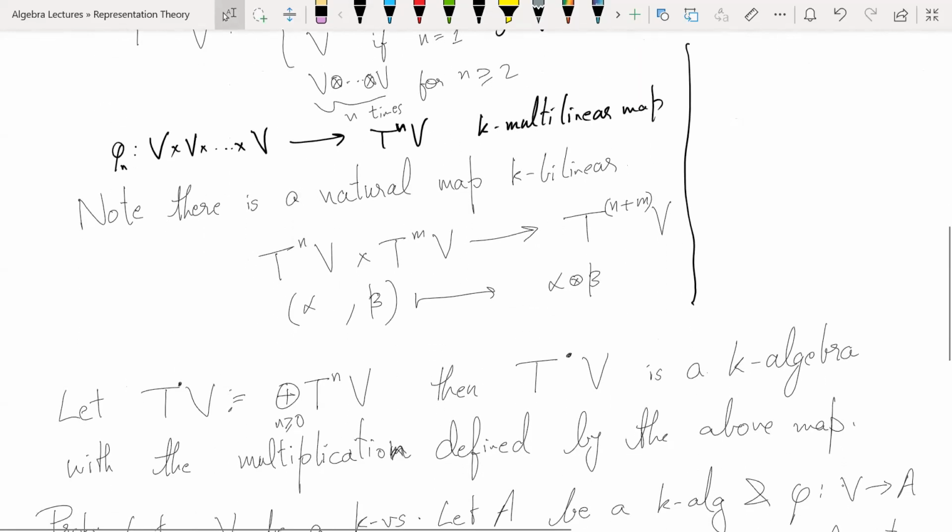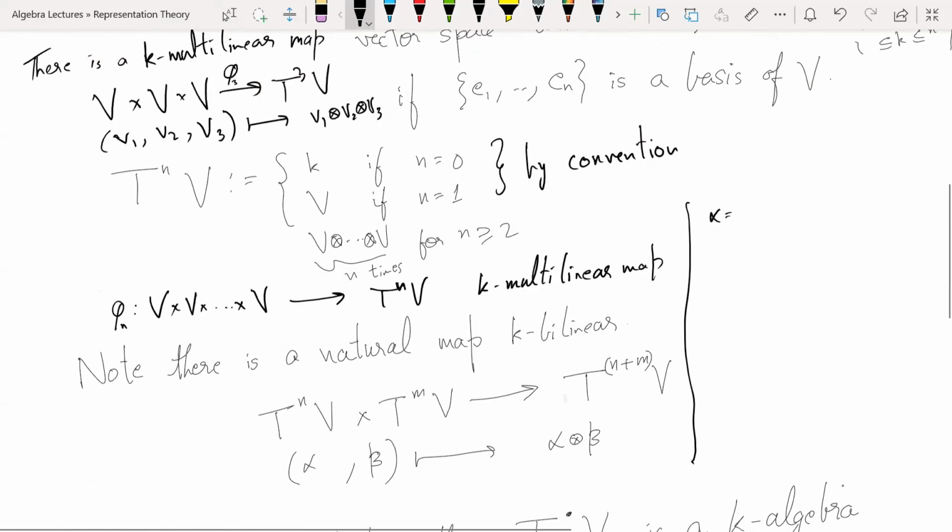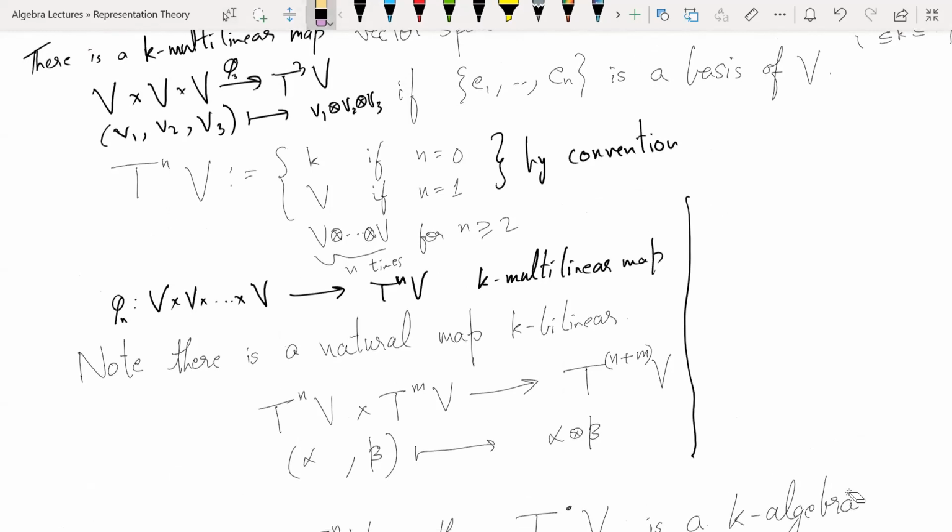instead of doing it abstractly, I'll write explicitly what this means. How does an element alpha in T^n V look?